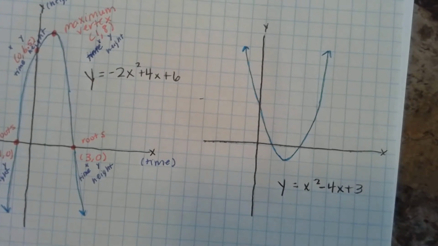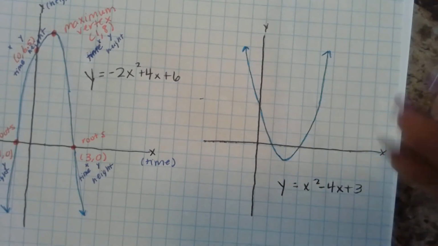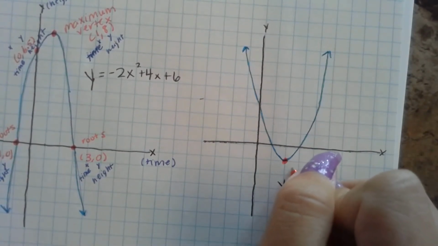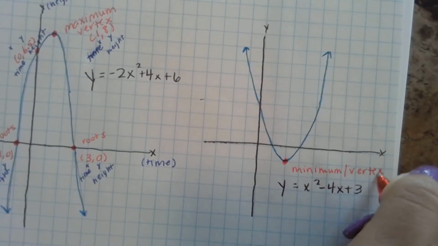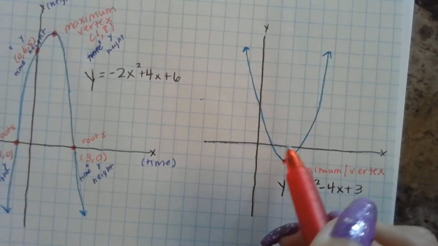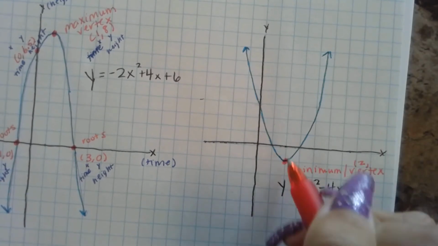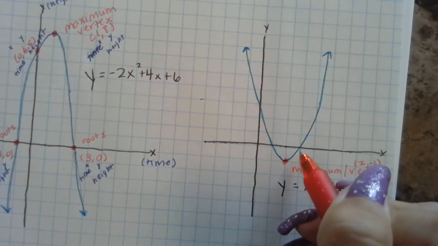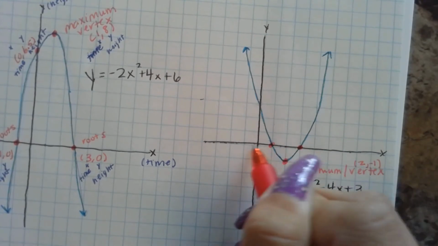Same with this one. When we look at these different parts of the graph, I always like to start out with the most obvious point right here. This is our vertex, or our minimum. This point is positive 2, comma, negative 1. Then right here we have roots, because these are on our x-axis.